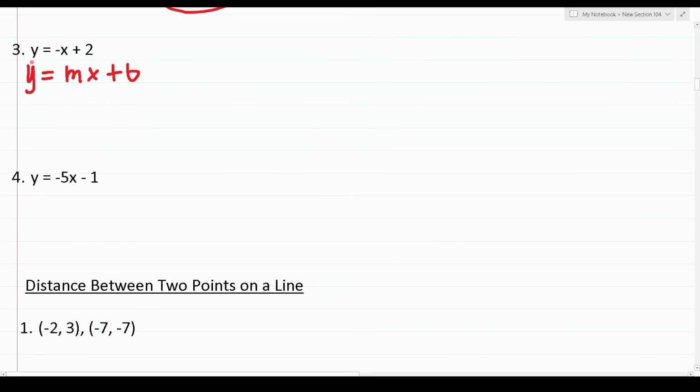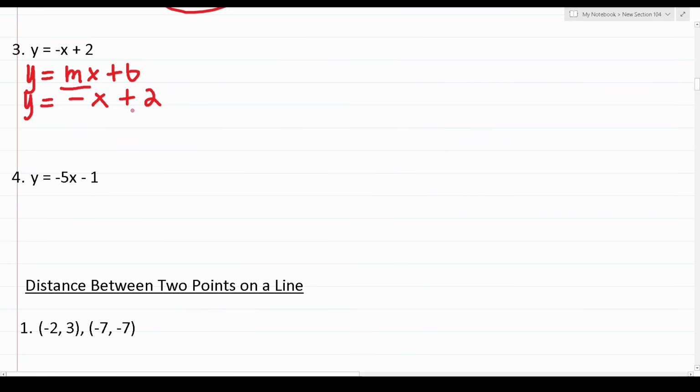Well, as you can see, number 3 is written in slope-intercept form. So all we have to do is figure out what m is to determine what the slope of y equals negative x plus 2 is. Let me go ahead and write this down here: y equals negative x plus 2. Well, in algebra, you typically don't express ones.